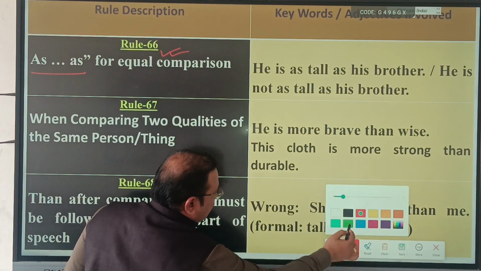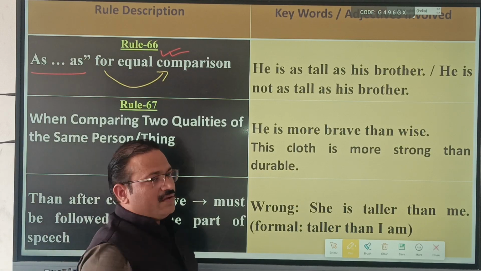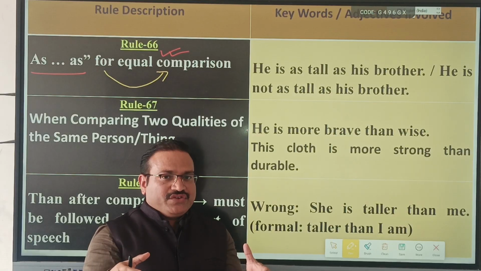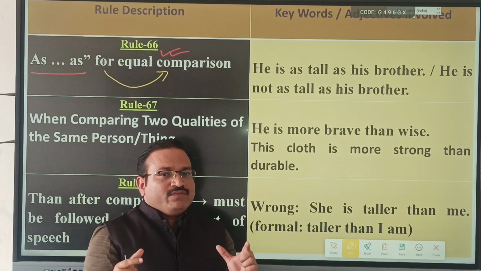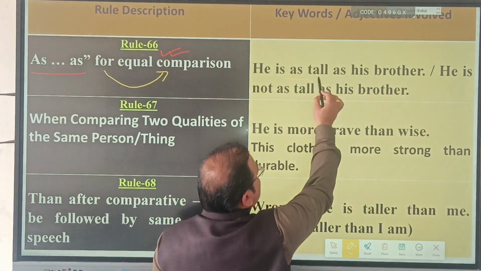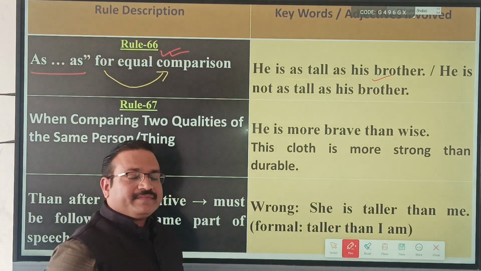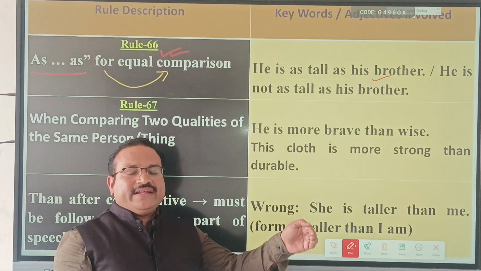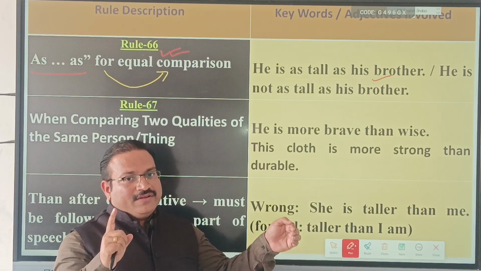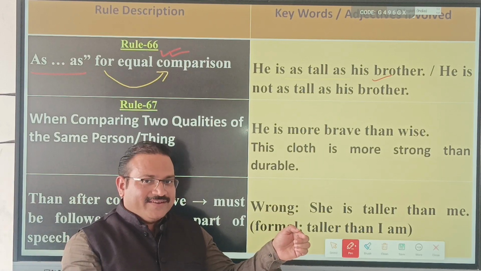As I said, as is used for equal comparison. When you are comparing two persons and the comparison is positive, an equal comparison, then we shall use as in the positive sense. He is as tall as his brother. It means his height is equal to his brother's height in positive sense. Don't use as in negative comparison. This is what I want to say here.